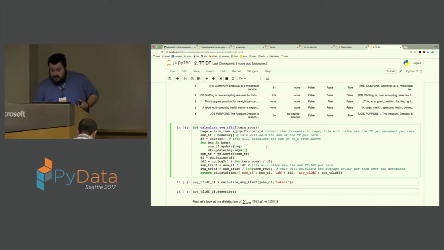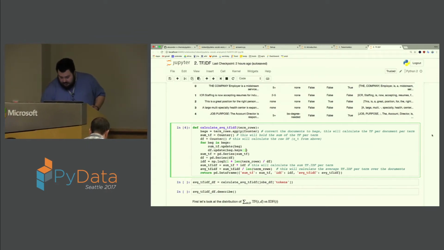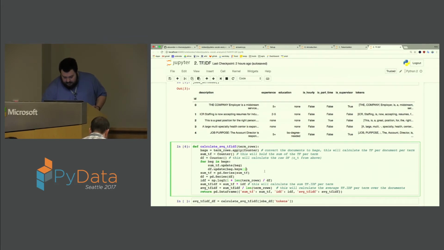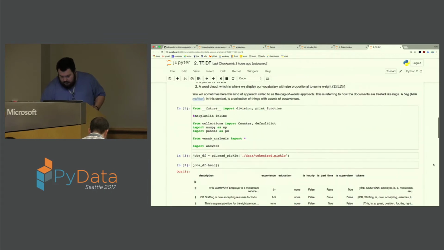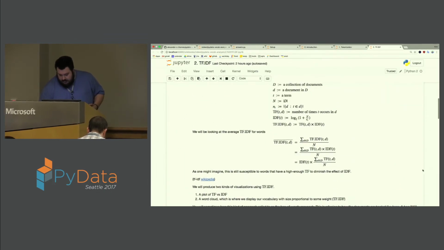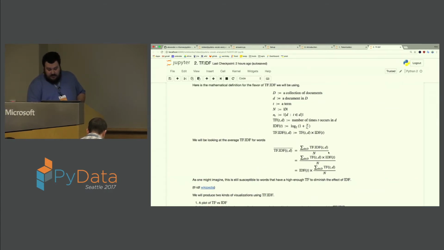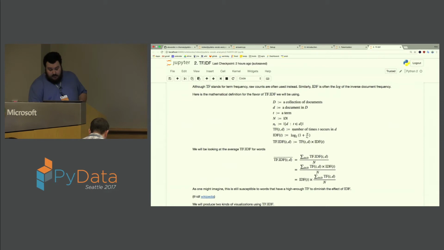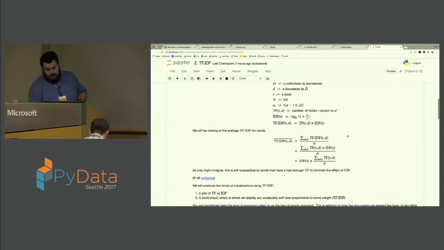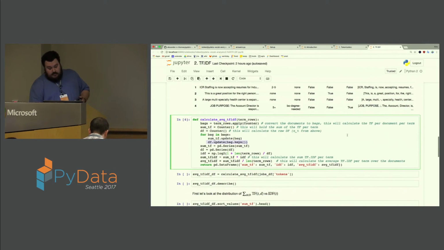So at this point, we will have the sum TF as well as this value for each of the terms.